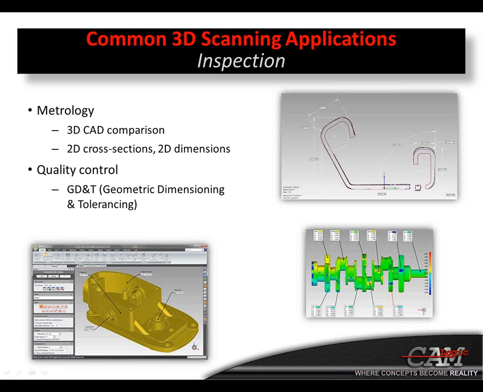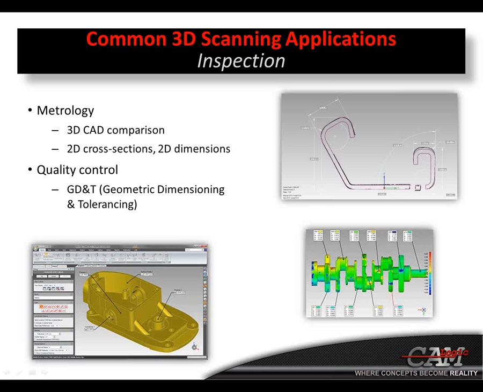So a lot of metrology tasks revolve around 3D CAD comparison or 2D cross-sections and 2D dimensions. You can see down in the bottom right we have a 3D CAD comparison of a crankshaft. So that allows us to see the deviation in the part that was produced against the nominal CAD data that was imported. Again, above that we have the 2D cross-section of a part.